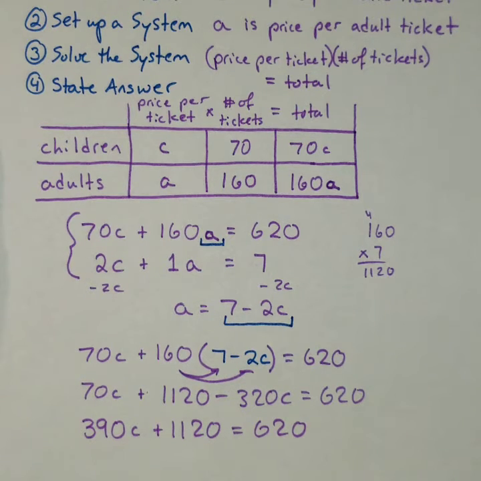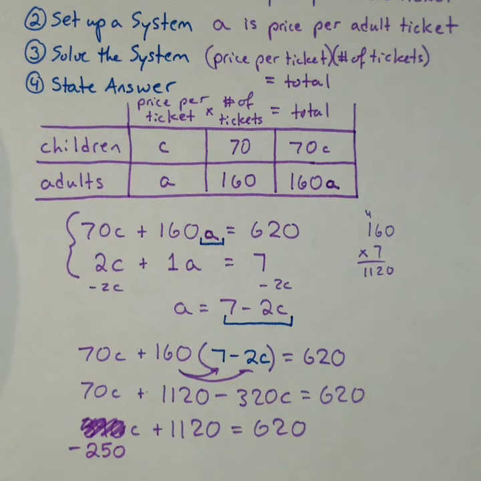Oh, wait, what did I just do? That's supposed to be a subtraction, isn't it? I don't know why I added those. That's a subtraction. Let's ignore that. 70 minus 320 should be, what's that, negative 250? That's better, negative 250.